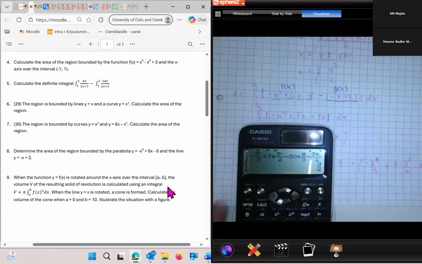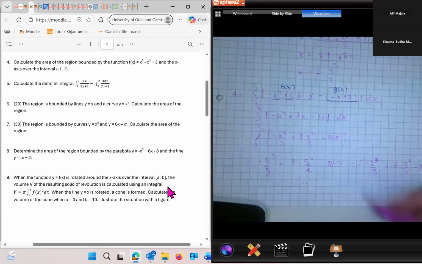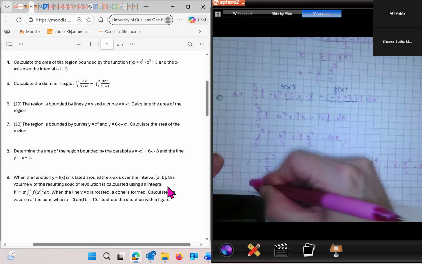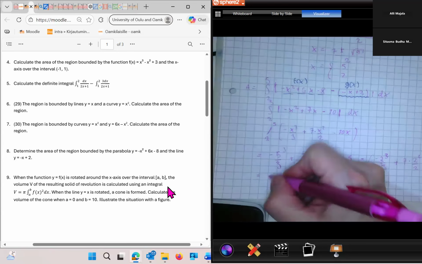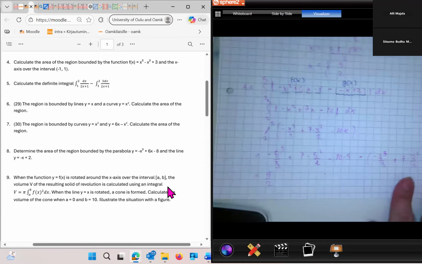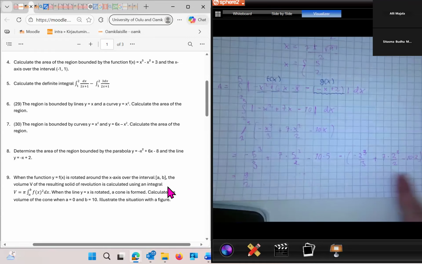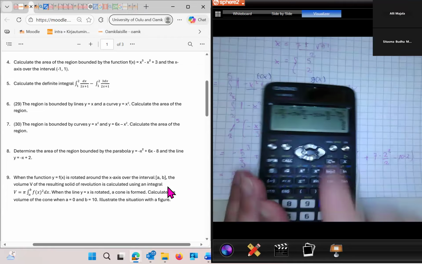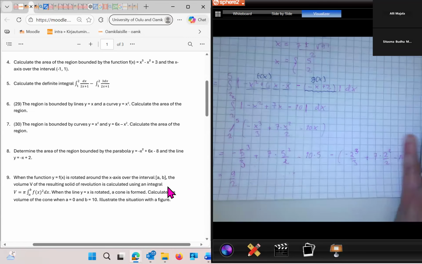Ha. I got the same result as the last time, so I'm happy. Maybe this is not something that we are practicing here, but if in the exam you happen to get something like this, it would be good to be able to put it into the calculator the correct way.